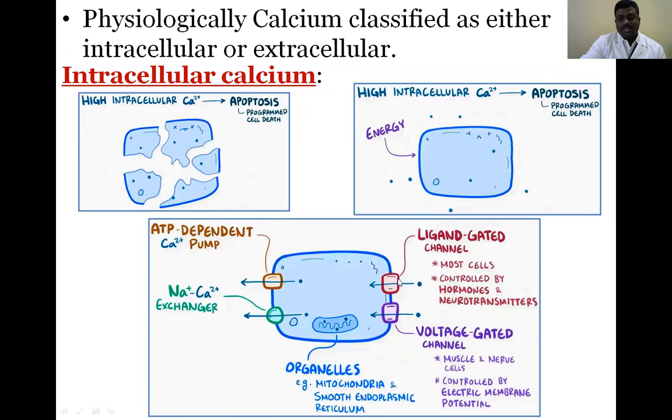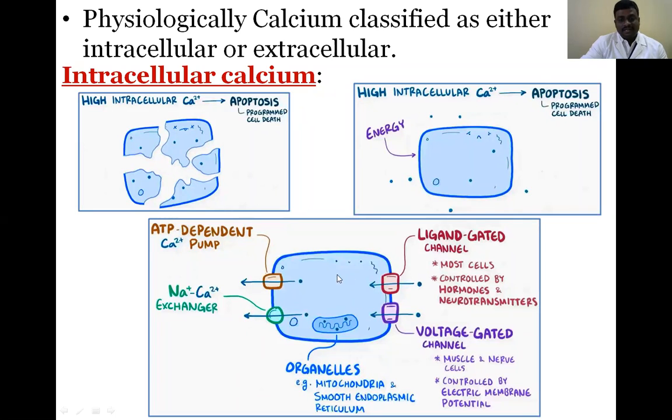How does it open? It is mainly controlled by hormones or neurotransmitters. When a hormone or neurotransmitter attaches to this receptor, the gated channel opens and calcium enters the cell. Likewise, the voltage gated channel is controlled by electric membrane potential, and then calcium enters the cell.